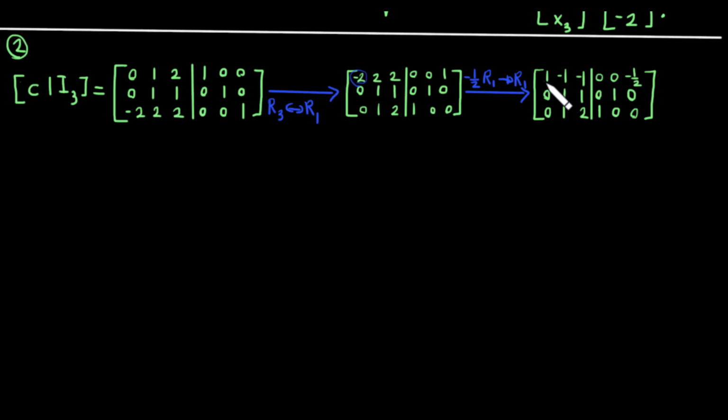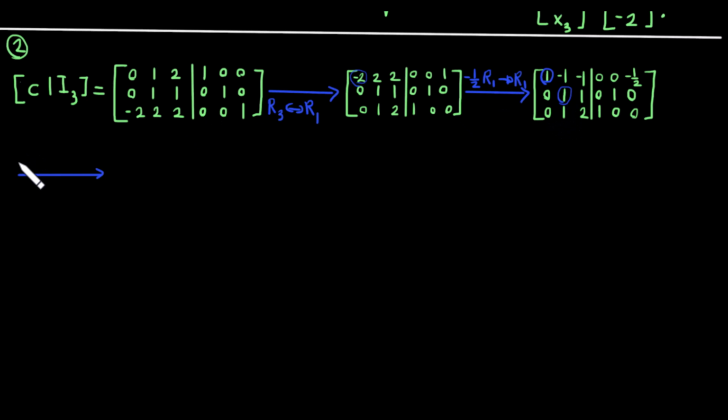Here we have leading 1. So we have to make the rest of this column 0. So we have to make this one 0 and this one 0. We have to add this row with this row to make it 0 here, because -1 plus 1 will be 0. And here we have to subtract this row with this row, so 1 minus 1 will be 0.